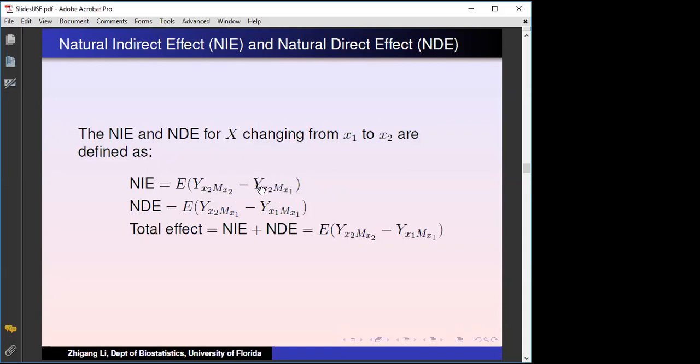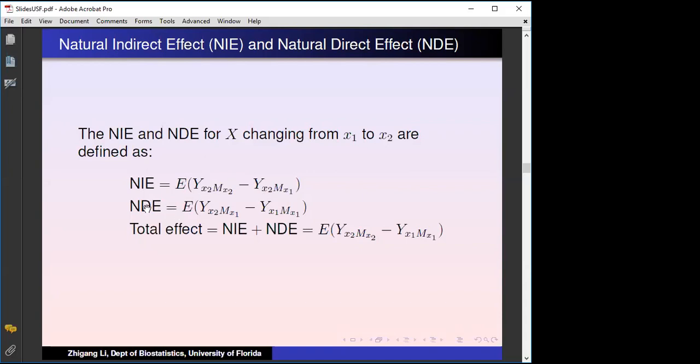And this one is a counterfactual outcome, because when x is taking the value x2, you cannot observe M(x1), because M(x1) is the value of M when x takes x1. Using this counterfactual outcome, we can define this natural indirect effect here. And the expectation just means taking the average.